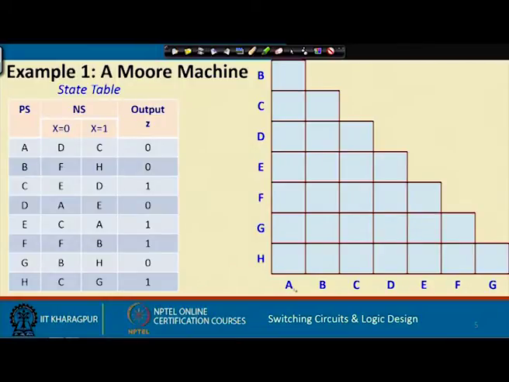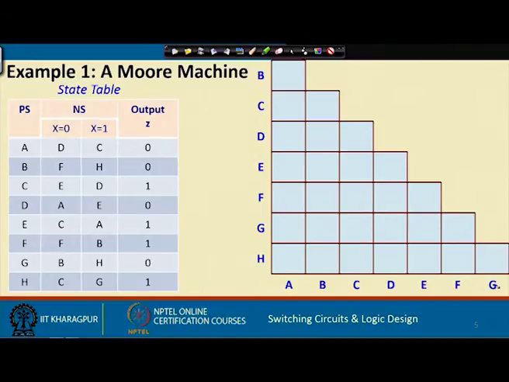Along the columns I label A, B, C, D, E, F, G, and along the rows I label B, C, D, E, F, G, H. So, this cell corresponds to A and B, A and C, A and D, A and E and so on, then B and C, B and D. We do not have to check a cell with itself, A with A or B with B, and that is why the number of columns gets reduced as we go from left to right.